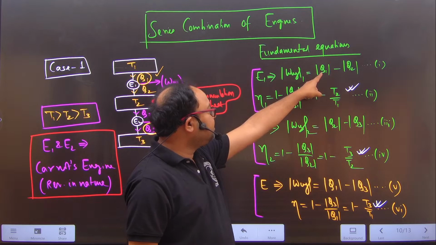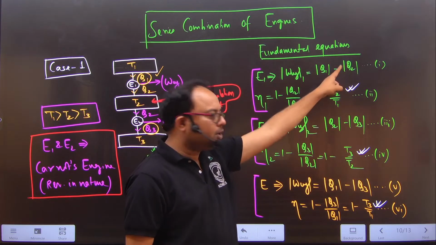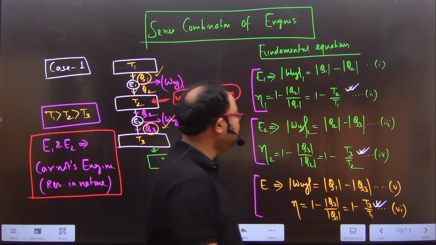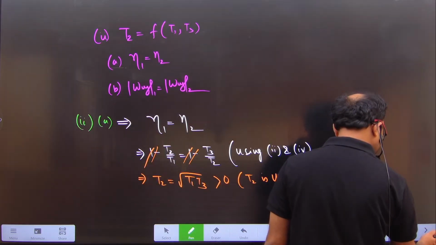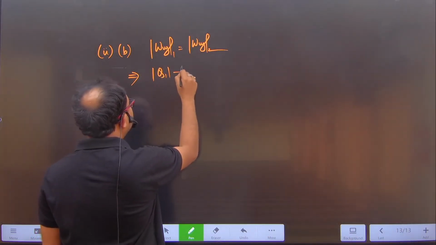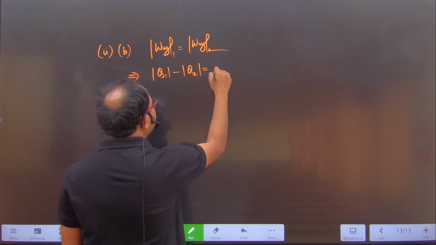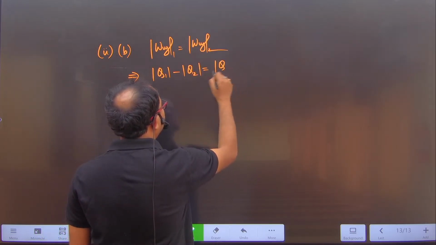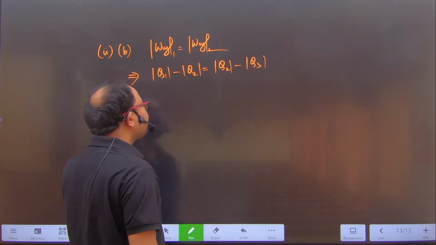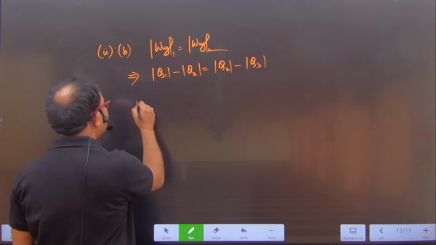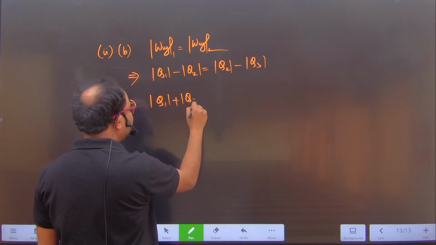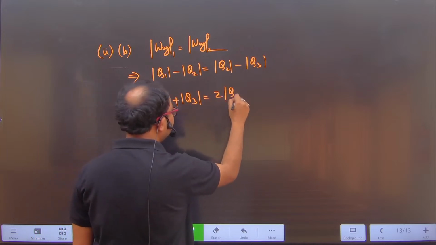Mod W cyclic 1 is mod Q1 minus mod Q2, and mod W cyclic 2 is mod Q2 minus mod Q3. So let us put that value. Mod Q1 minus mod Q2 equal to mod Q2 minus mod Q3. So mod Q1 plus mod Q3 equal to 2 mod Q2.